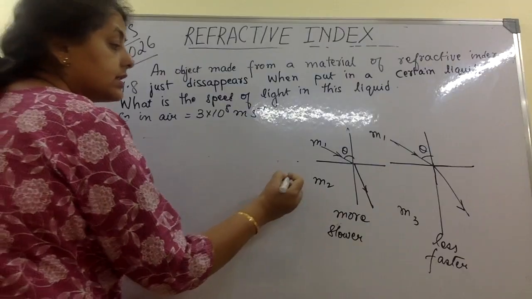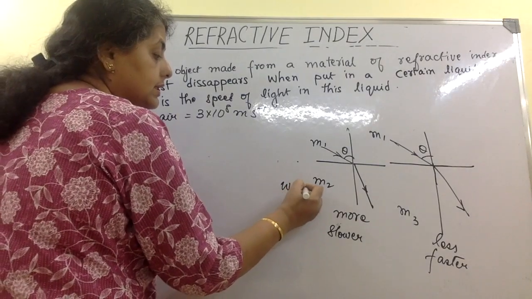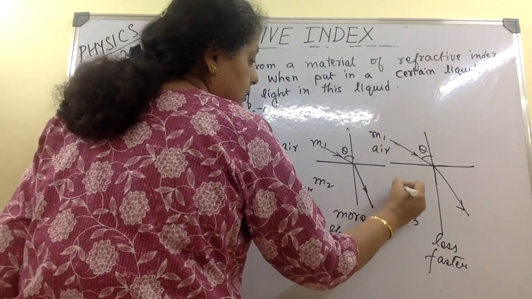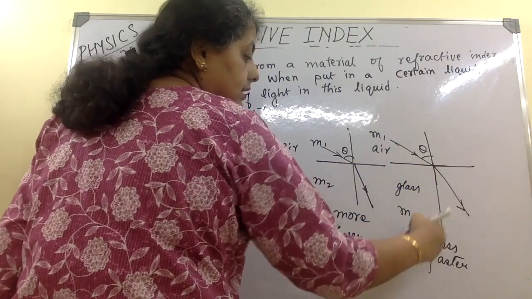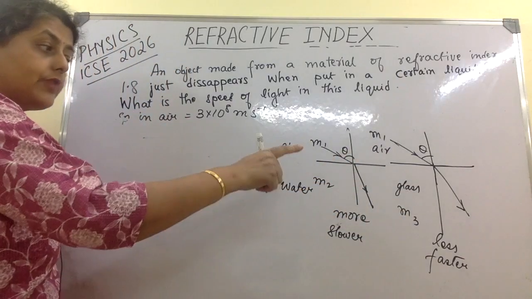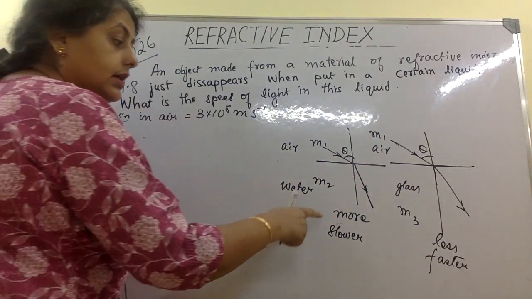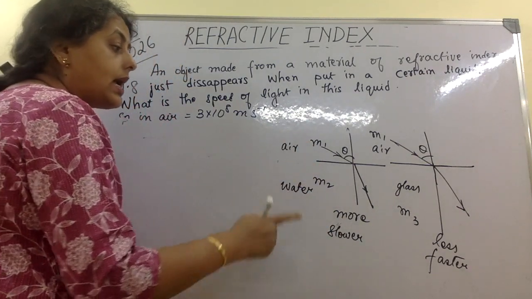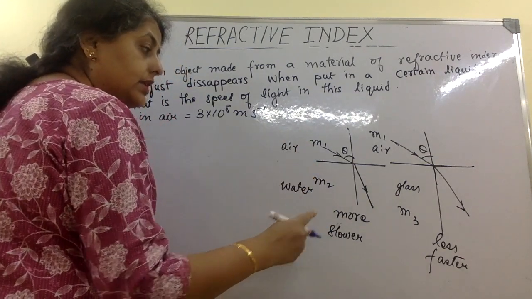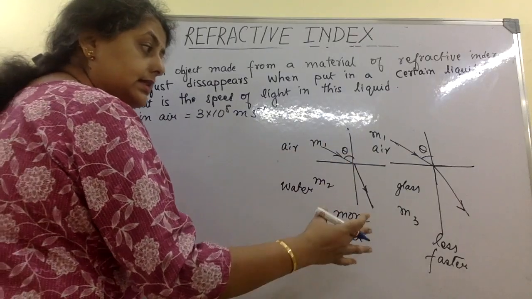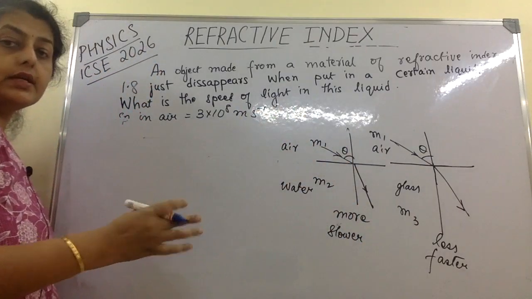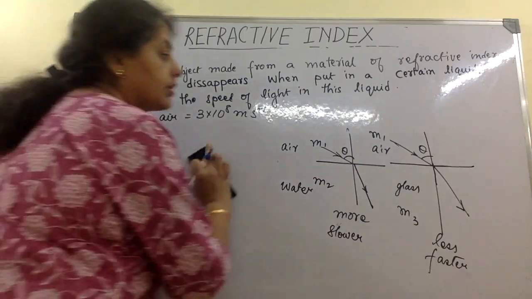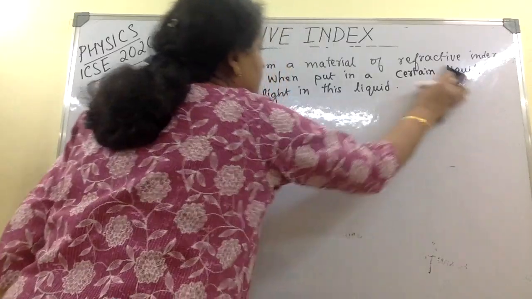Suppose this is water, this is air, this is also air, and this is glass. If it is bending less, light is traveling faster in glass, and if it is bending more, light is traveling slower in water. More the refractive index, more the bending; less the refractive index, less the bending. These are some things we need to remember in this chapter. Let's see what the next sum is.